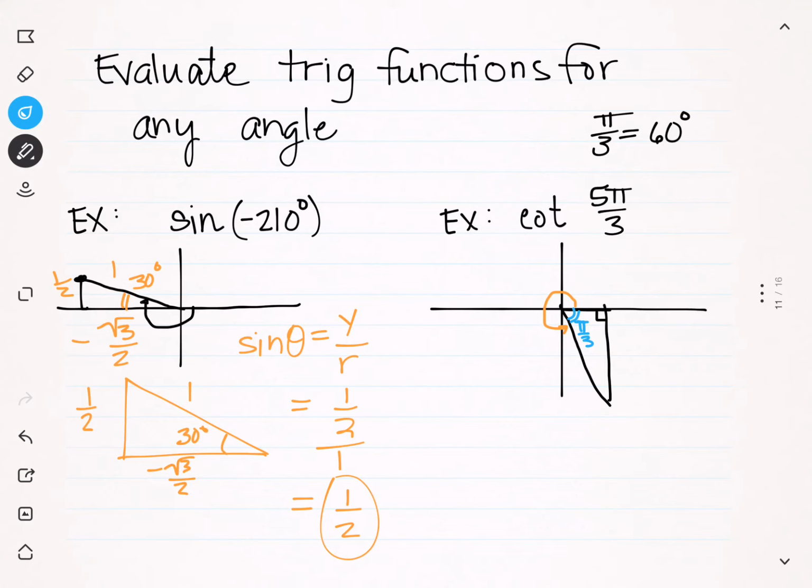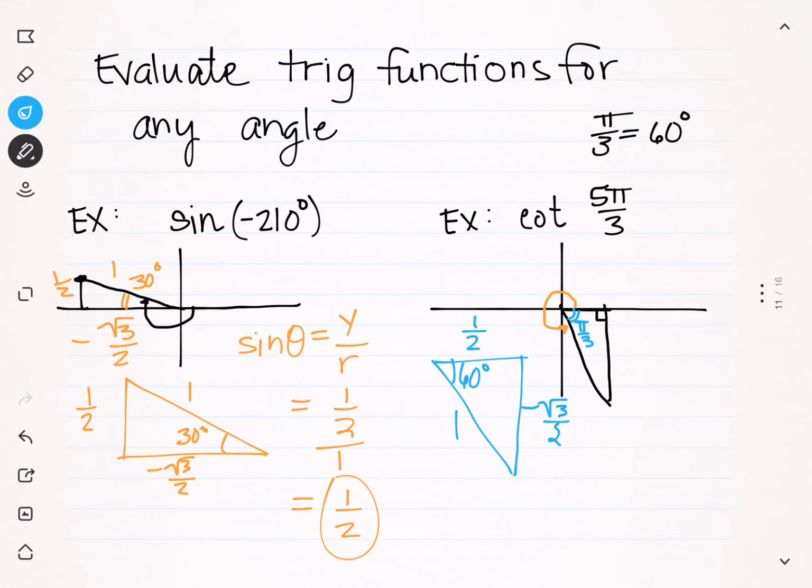So we're looking at this triangle now, where we know that this angle is 60 degrees, and we know from the unit circle that the 30, 60, 90 triangle, if the radius of the unit circle is 1, then the x value here is 1/2, and the y value is negative root 3 over 2.